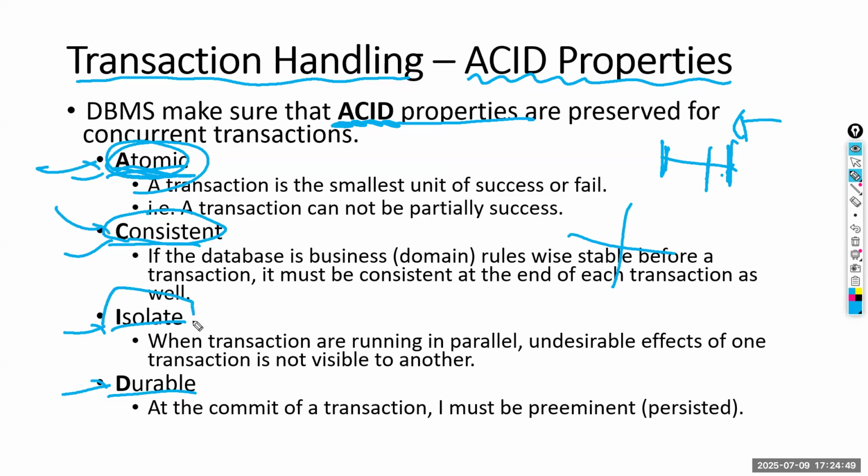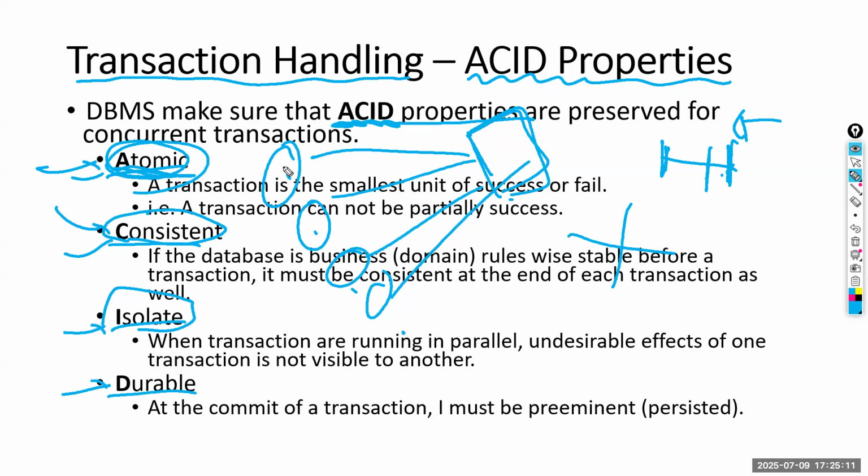Isolated means there can be multiple transactions happening at the same time. Maybe all ATM machines are doing money withdrawal, and all refer to the particular account table. So each transaction must be isolated from others because there can be some inconsistency. That is called isolation.